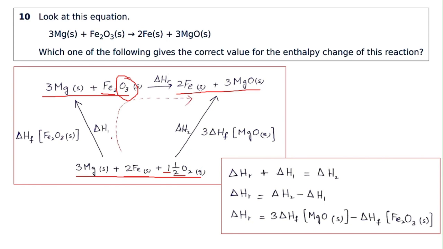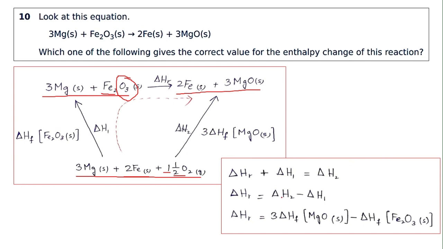Okay, then we can write that delta H1 here is actually the formation of Fe2O3, and we have just one Fe2O3. And on this side, the delta HF we have is for the formation of MgO. MgO product is going to form from the elements. So we have 3 times the formation value of MgO. So we can write our relation of delta HR.